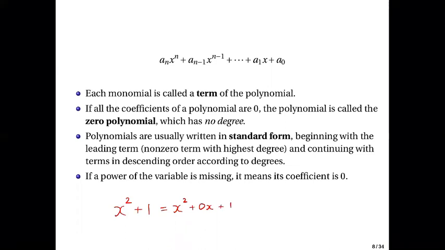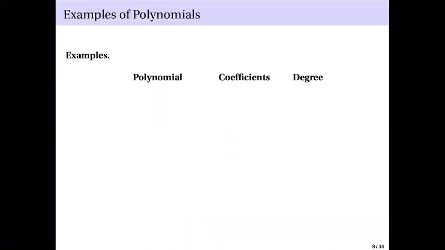So let us look at some more examples here. You have this polynomial 3x to the 4 plus 2x cubed minus x squared plus x minus 5. As you can see, all the powers of x starting from 4 going to 0 are present. You have x to the 4, x cubed, x squared, x, and then x to the 0.